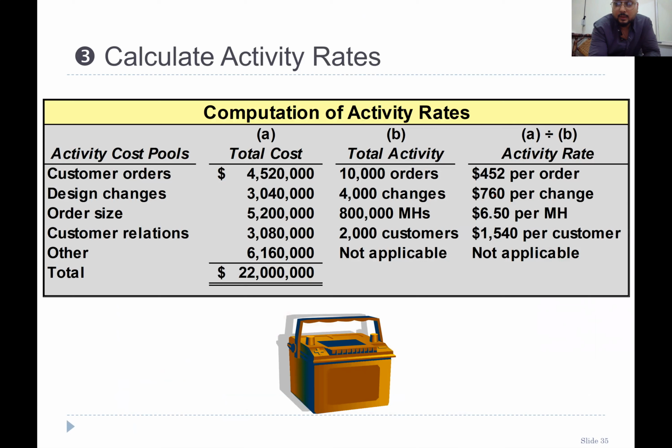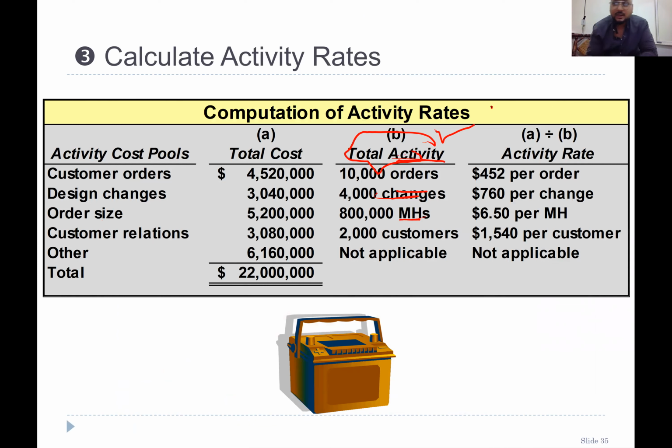Customer orders are based on number of orders. Design changes are based on number of design changes. Order size is based on machine hours. Customer relation is based on number of customers. So these are called cost drivers.